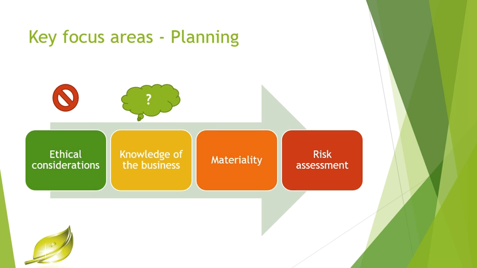It's important to cover all material amounts and disclosures and other aspects like journals and recording in this process. Otherwise, you and your team won't know enough about what you are auditing.